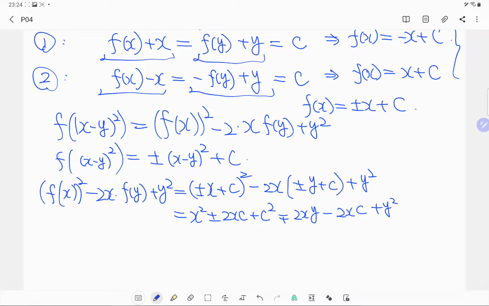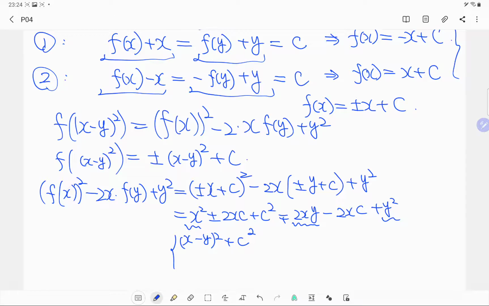So in this case, for the upper sign, we have x minus y squared, and then plus 2xc and minus 2xc can be cancelled, and then plus c squared.